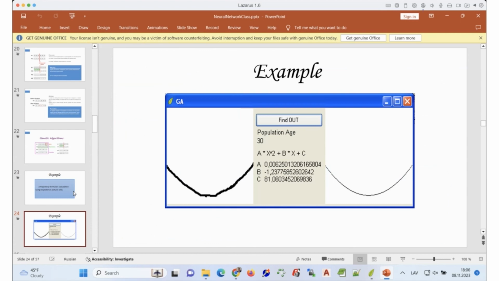It was developed for a project of cooperation between Latvia and Lithuania. I don't really remember in what field, but I created this thing at that time. Literally, the idea is that we have a drawn line on the left, and by using genetic algorithms, we can find out the parameters of the line function.